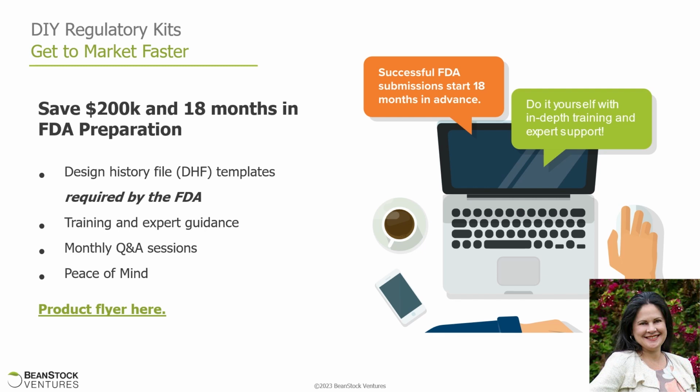One of our product offerings here, so if you have a chance, it might be good to go see us at our little table out there, is something called do-it-yourself regulatory kits. This includes design history file templates. We have over 24 templates. We have 24 hours of training, and we have monthly Q&A sessions that give you peace of mind. This whole regulatory kit is hosted on a platform we call Grassroots DX.